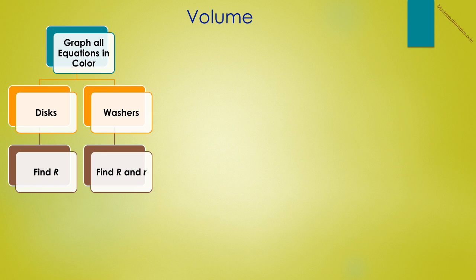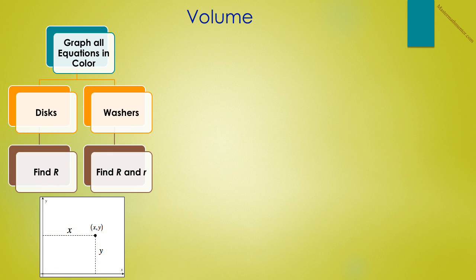And then also draw the equation across the given line of rotation in the same color. If there is only one color on each side of the line of rotation, it is a disk problem, and you need capital R. If there are two colors on each side of the line of rotation, then it is a washer problem, and you need capital R and little r.